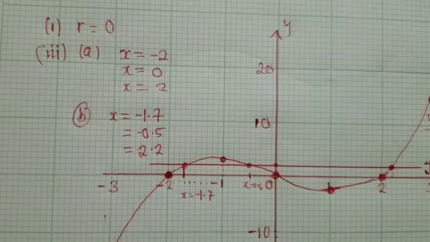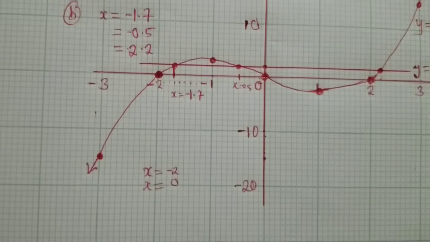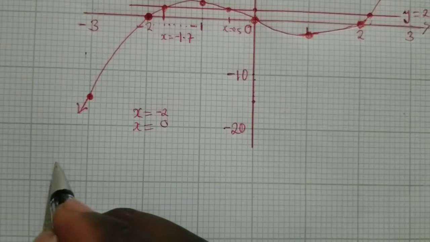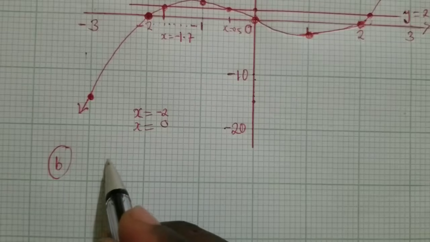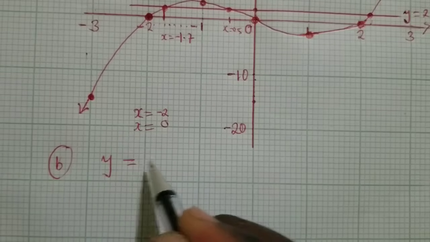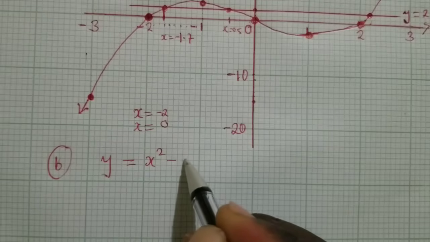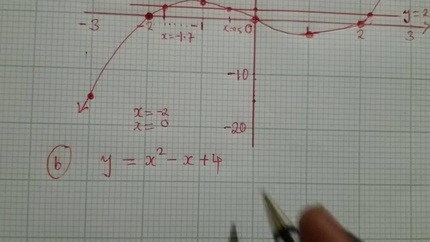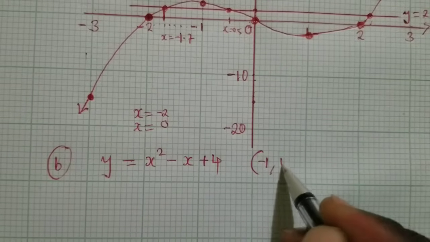So basically for the normal, you just need to copy. We shall say this is question 11B. So you just copy the given equation. This is the equation that we've been given, if you've seen nicely.